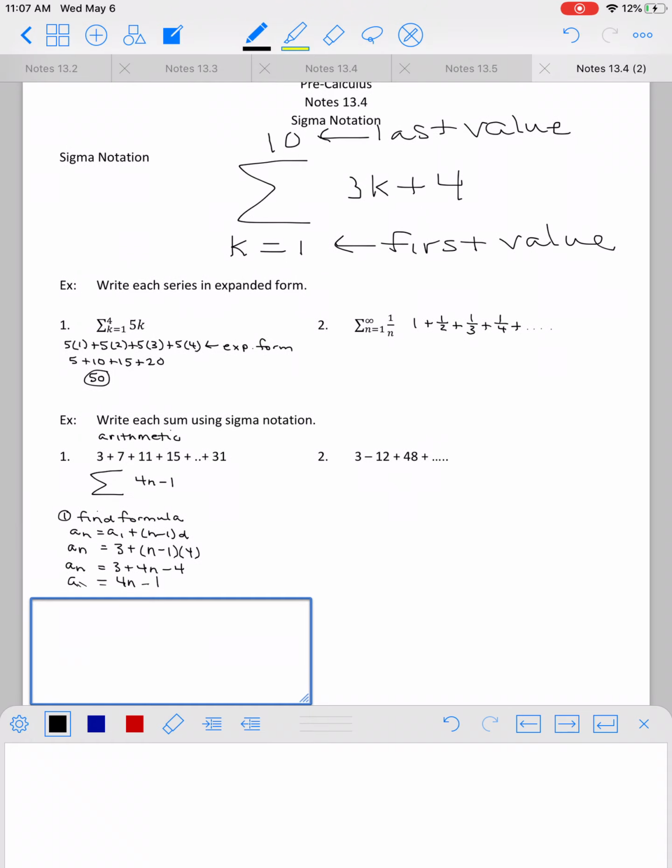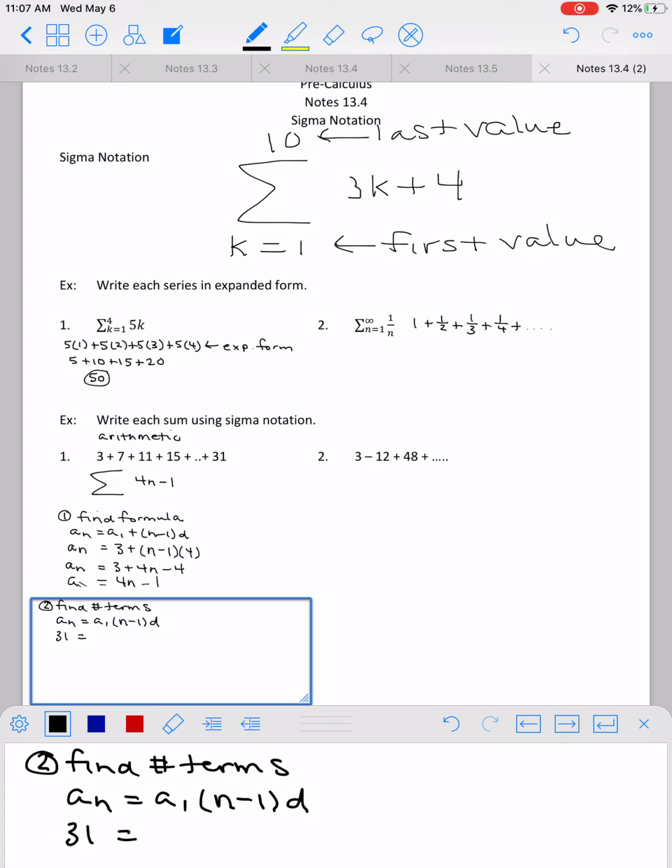Next, I need to find the number of terms. So this one, we go back, a sub n equals a sub 1 plus n minus 1 times d. The last term listed there is 31. The first term is 3. I'm putting in the n minus 1, and that's a 4.